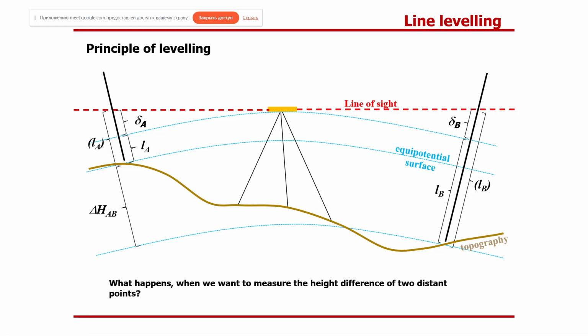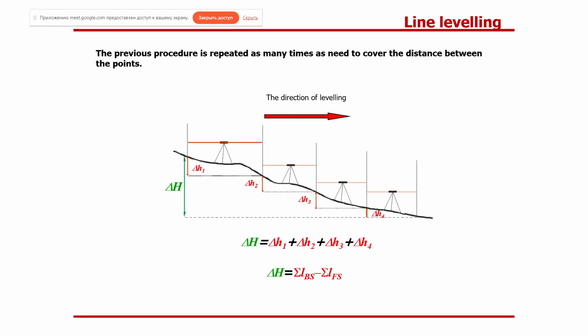Another case is when we use modern staff. In this case, we repeat the previous procedure as many times as needed to cover the distance between the points. Here you can see the direction of leveling forward, and then we repeat the procedure backward.